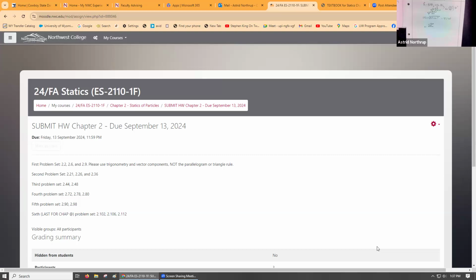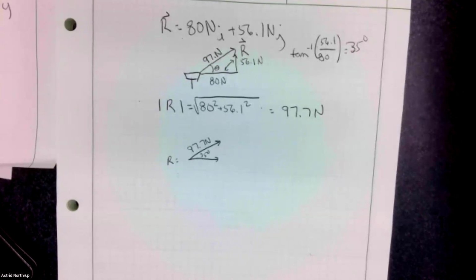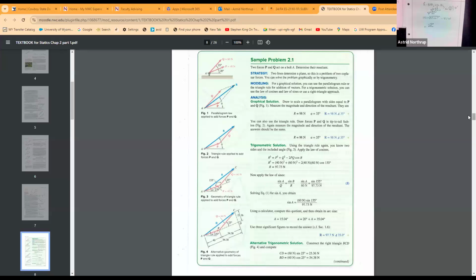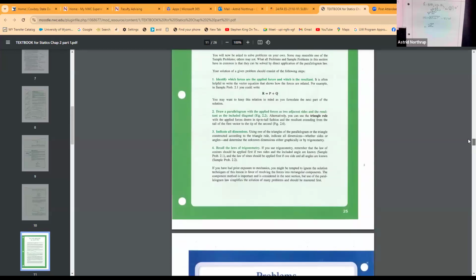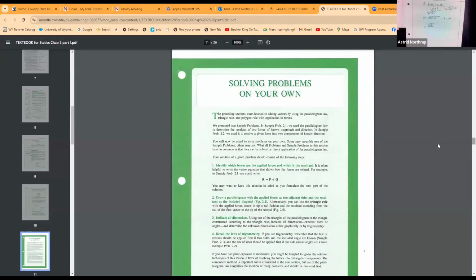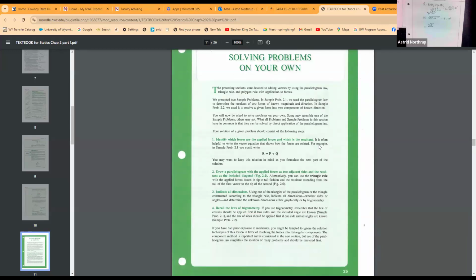All right, so the other part is, once again, I think you probably already figured this out, but I'll show it to you anyway. When you look at the textbook, because the PDF file was so big, I couldn't get the whole chapter into a single PDF. If you're working from a textbook of your own, you're going to be fine. But if you go down here, the problems are scattered throughout the book. And generally speaking, there will be a page called Solving Problems on Your Own, which is sort of a summary of the section or sections of material that came before it.